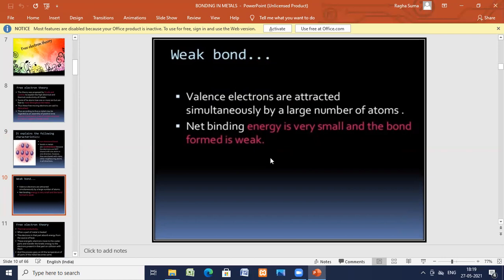Valence electrons are attracted simultaneously by a large number of atoms, so the net binding energy is very small and the bond formed is very weak. So it's a weak bond.